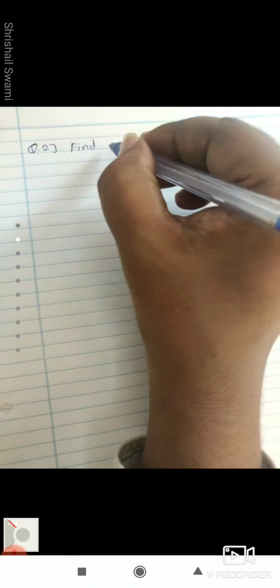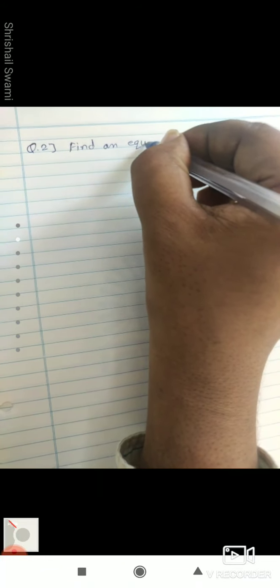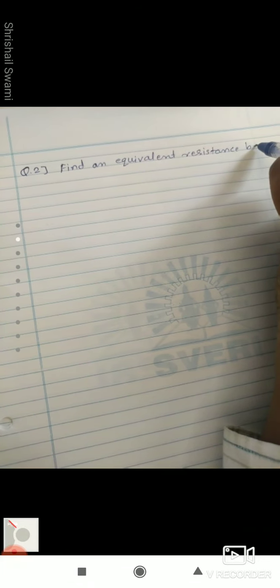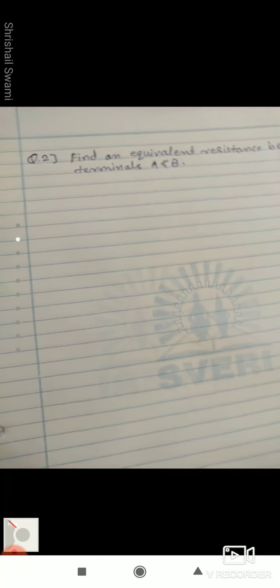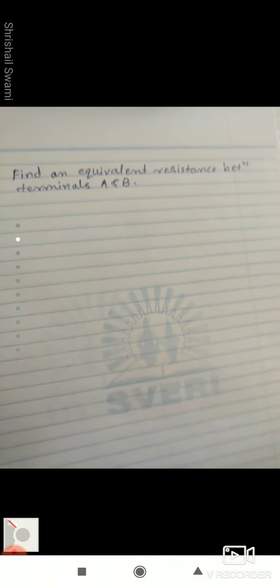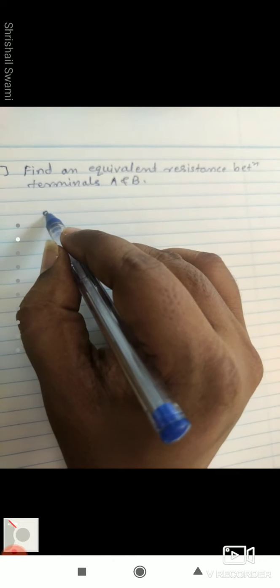So question number 2, everyone should note down in your notebook. Question number 2: find an equivalent resistance between terminals A and B. So how they are connected we will see.